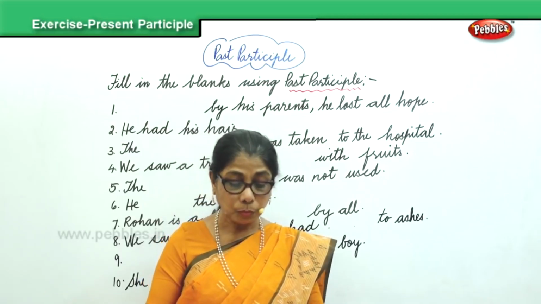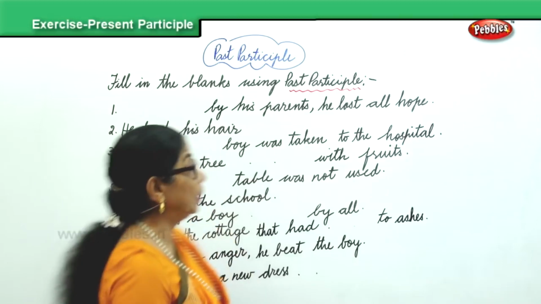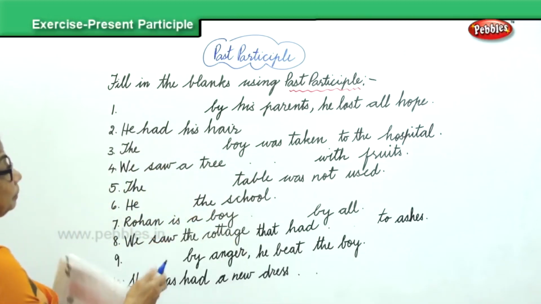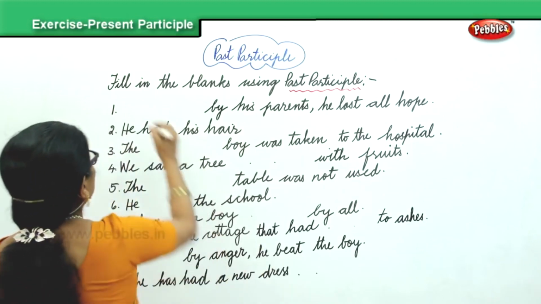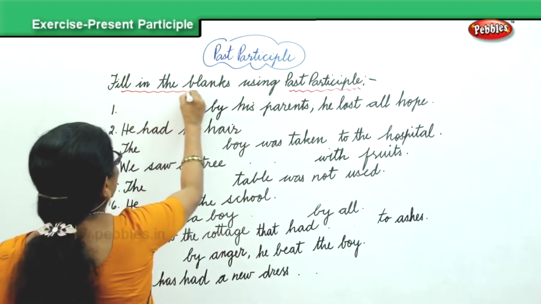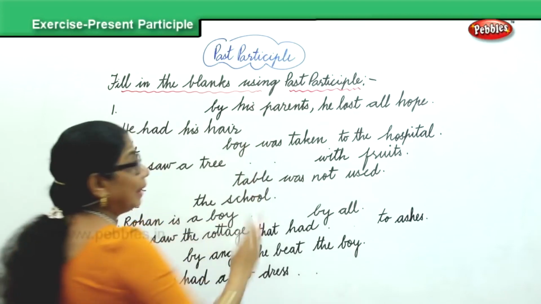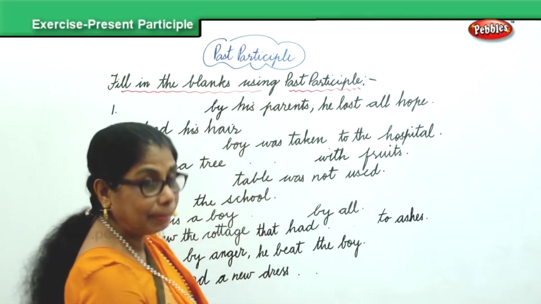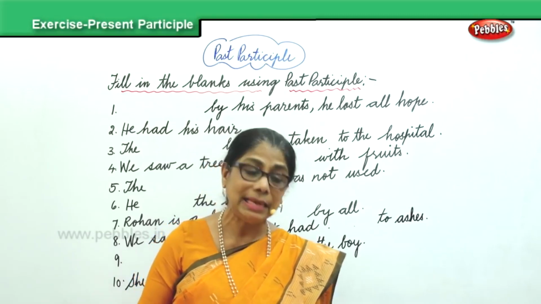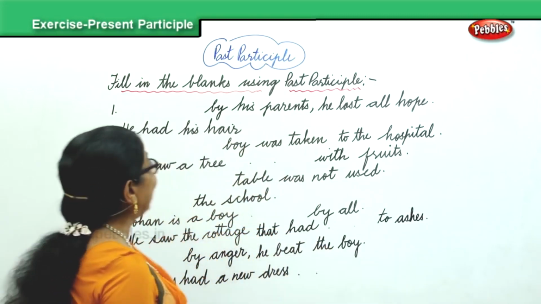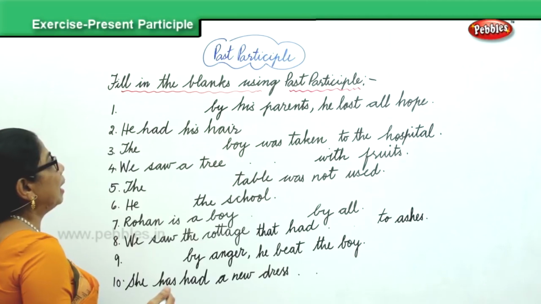We are filling up with past participle. What is past participle? We said the action is already completed. It ends in d, ed, t, en, n. Now let's look at it.